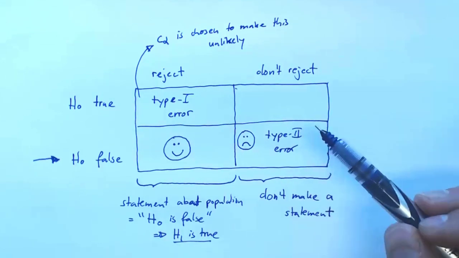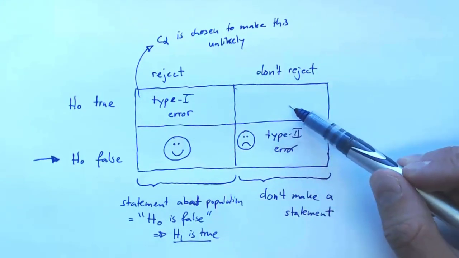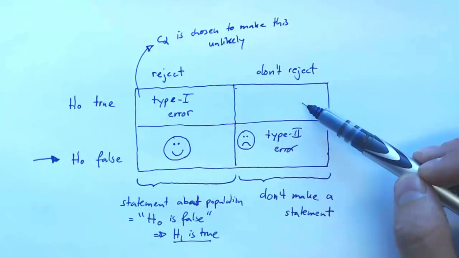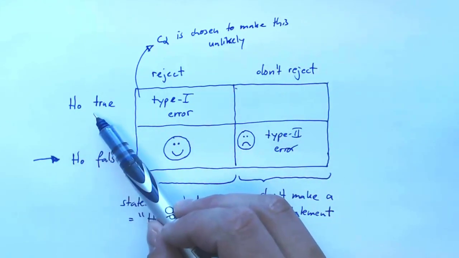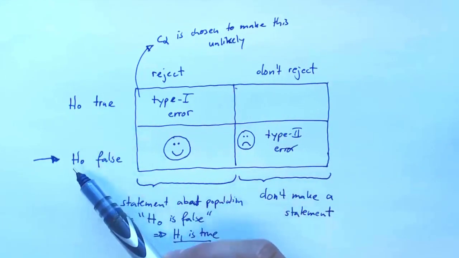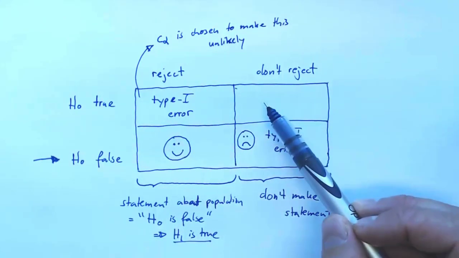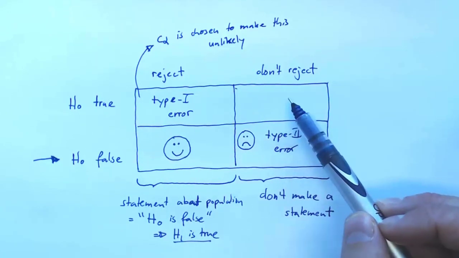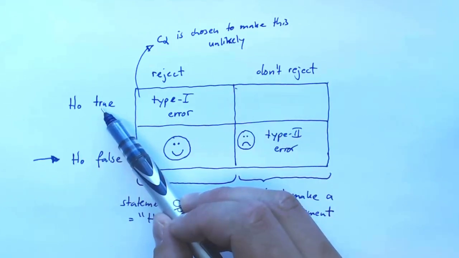So what about the last scenario where H0 is true and you don't reject? You're not making a statement, but we're also in the scenario where H0 is true, and we really care only about scenarios where H0 is false. So here we end up not saying anything, but there's nothing really for us to say, right? If we wanted to find out that H0 is true, then we should have put it as the alternative hypothesis.